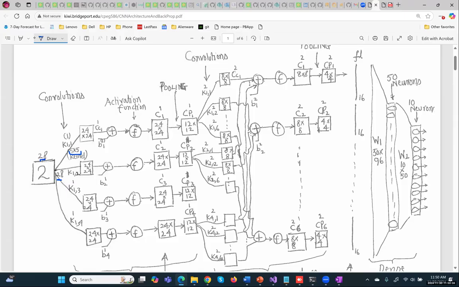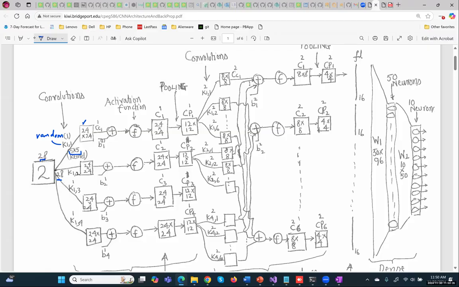So what will be the size of the output image it will produce? See, 28 minus 5 plus 1 will be 24 by 24. Everybody agrees, right? So this 5 by 5 kernel that we are multiplying and sliding over this image is initialized randomly. So in the beginning, this is all random kernel.